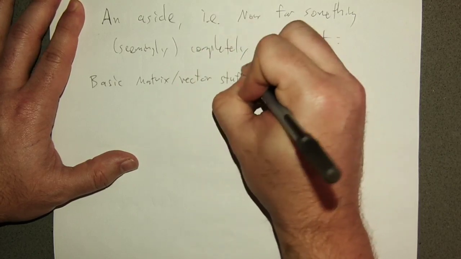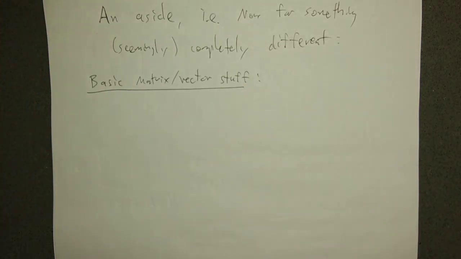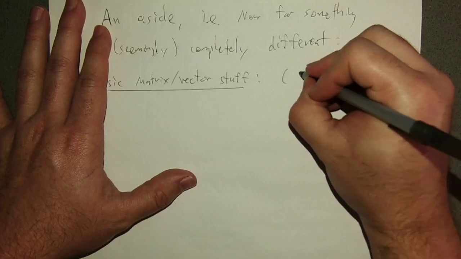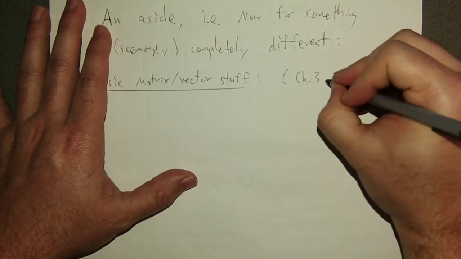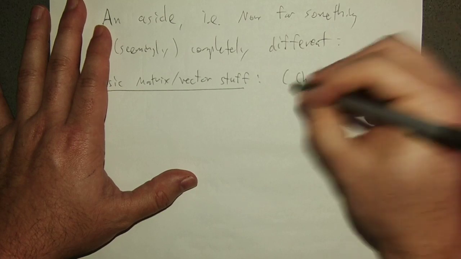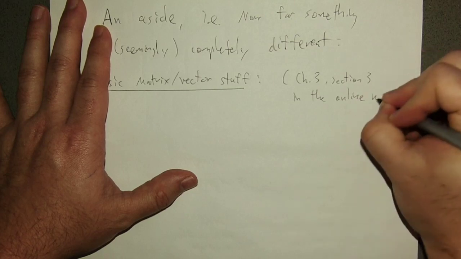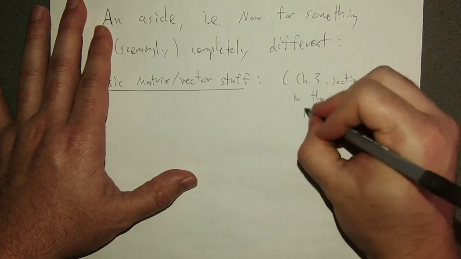If you need a refresher, the notes have a section. I believe it's 3.2. Let me make sure. No, it's 3.3. So chapter 3, section 3 in the online notes is good for review.